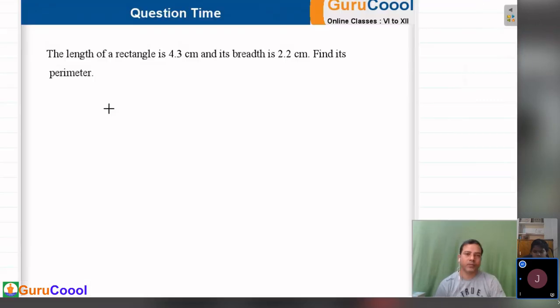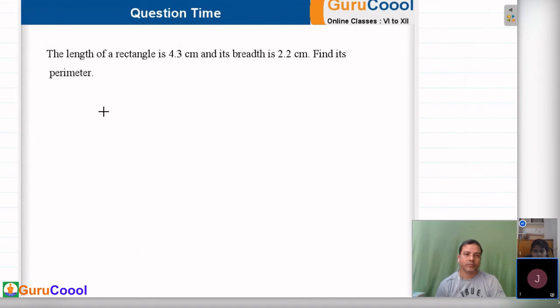How do you find perimeter? Do you know? Tell me. Perimeter P is equal to L plus B. That is not correct. 2L plus B, sir.